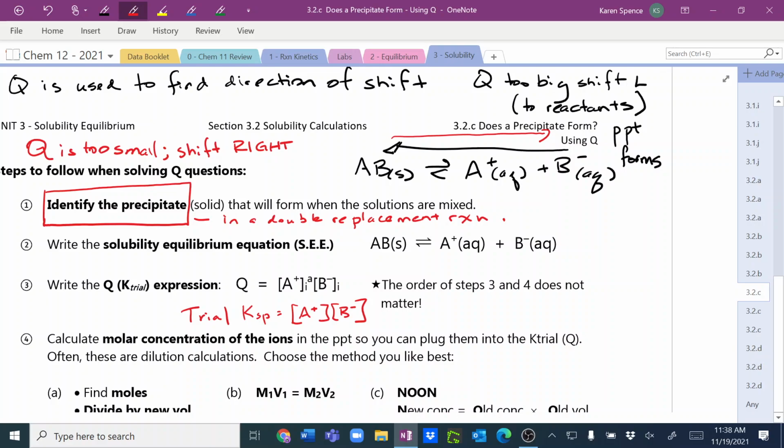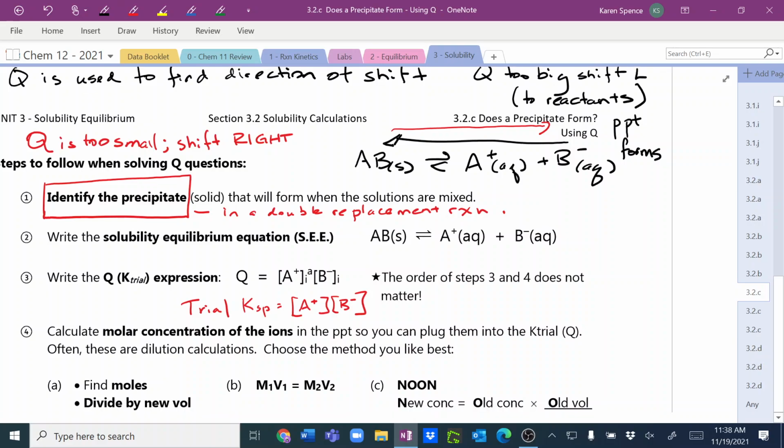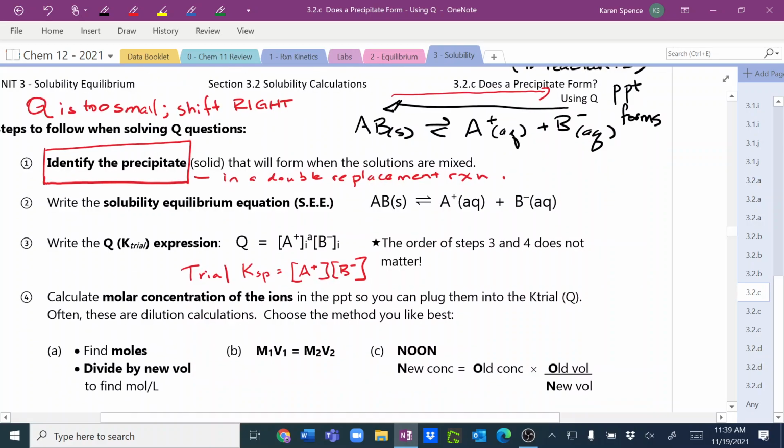Look what we're doing. We're calculating the concentration of the ions, yes? Now, a lot of the time, this is going to be a little bit more complicated because we're mixing two things. What do we have to do to figure out concentrations when we mix two things? What are we doing to each of the substances if we mix them?